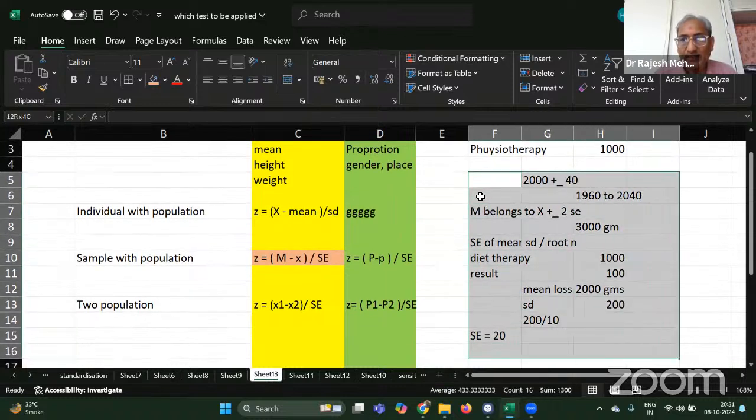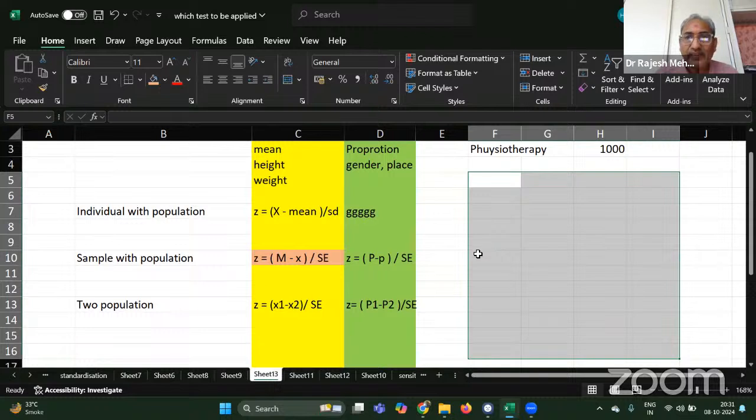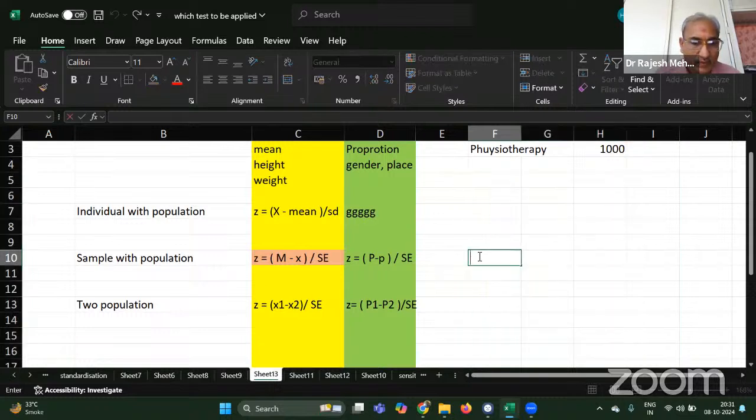We find out Z. Z is equal to the population mean, which was 3000 grams, minus the sample mean, which was 2000 grams, divided by the standard error of mean, which was 20.